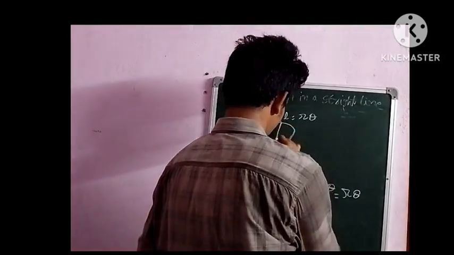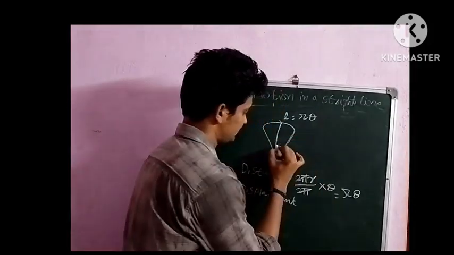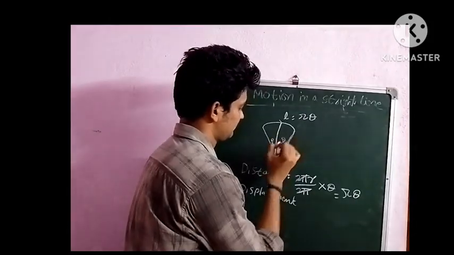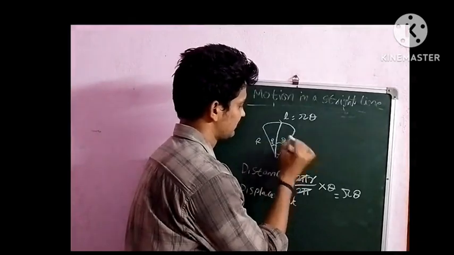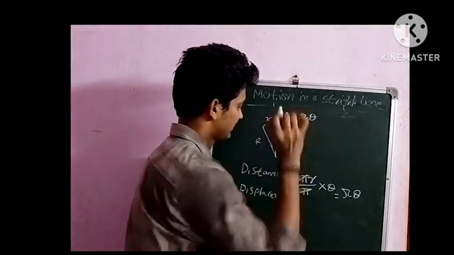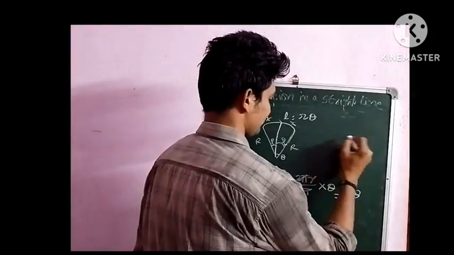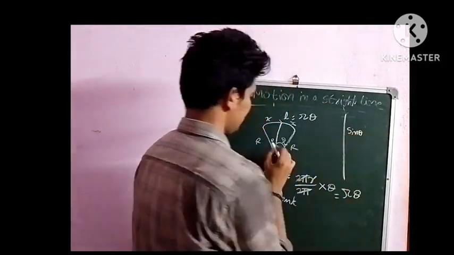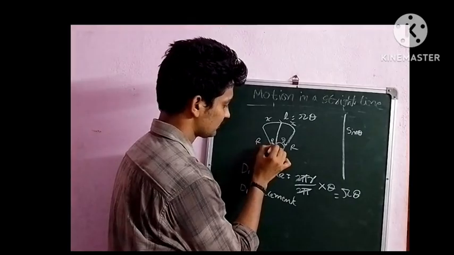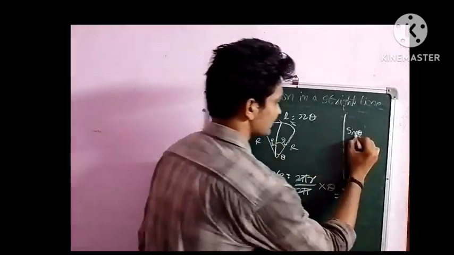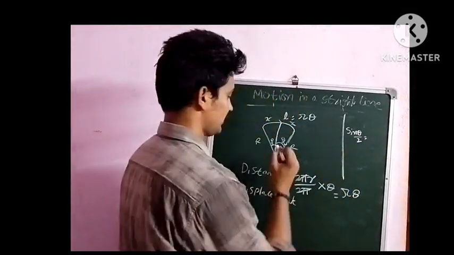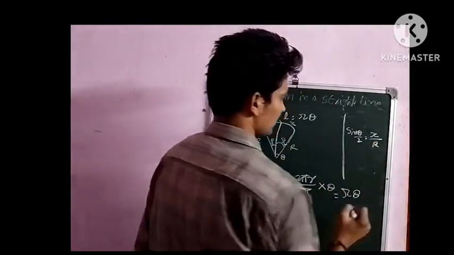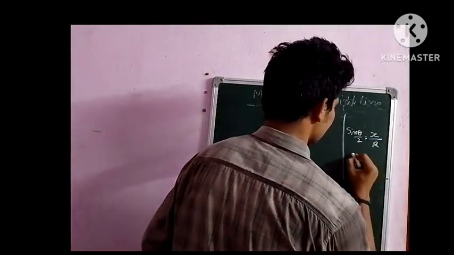And now we calculate the displacement. This is theta by 2 and this is theta by 2. This is R and this is position X. Sin theta, actually sin theta, but from this picture sin theta by 2 is X by R. So what do we learn?